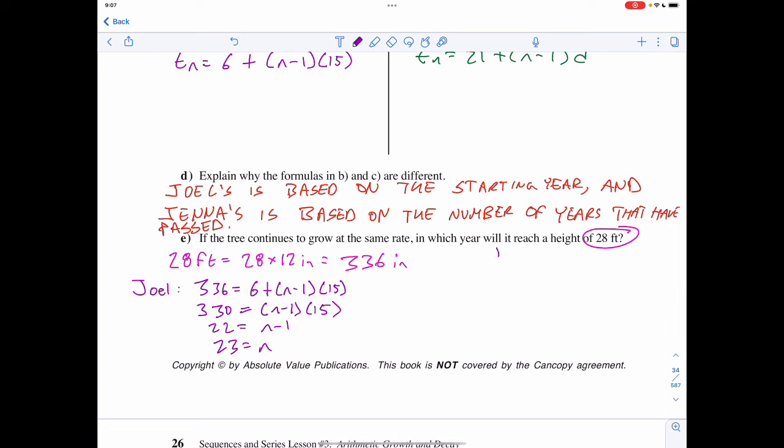So for Joel, if n1 is 2000, then n23 is going to be in the year 2022.